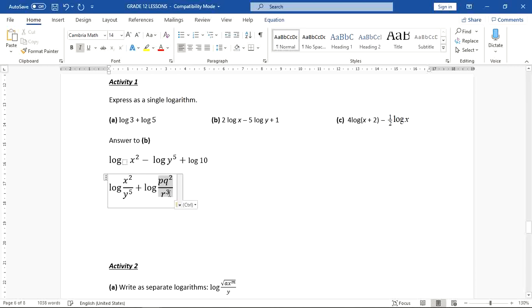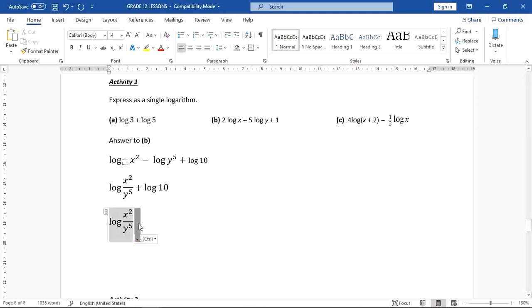So this should just be 10. Nice. So we have applied the quotient law because of the minus or the subtraction. Now we need to apply the product law because of the plus. So the final answer is going to look like this.